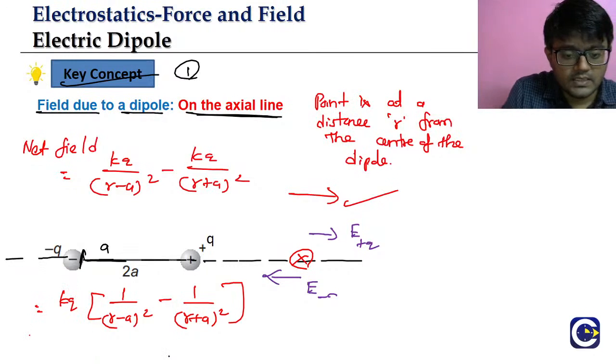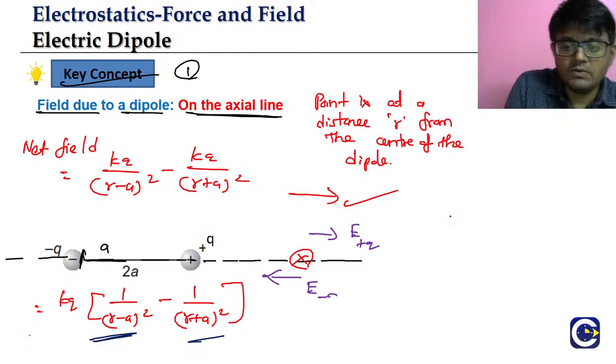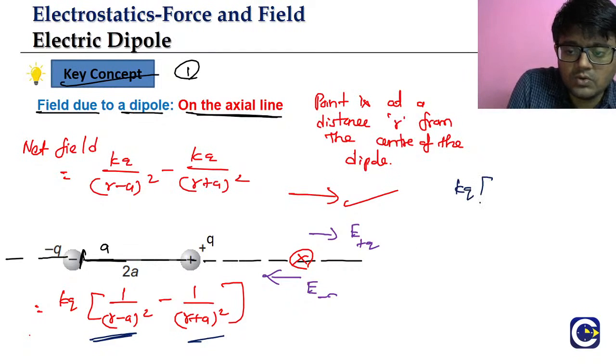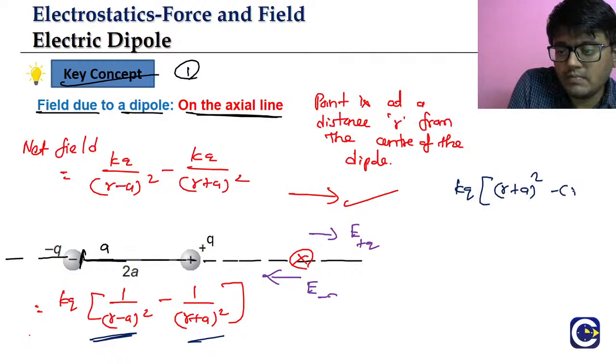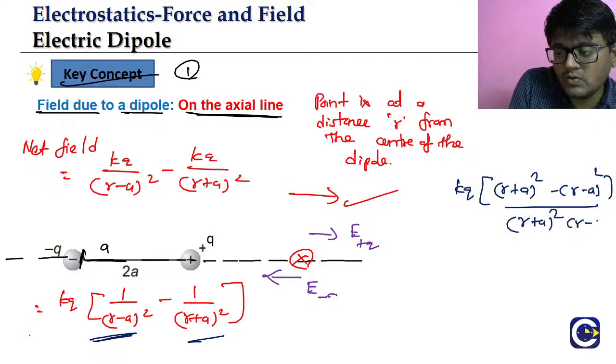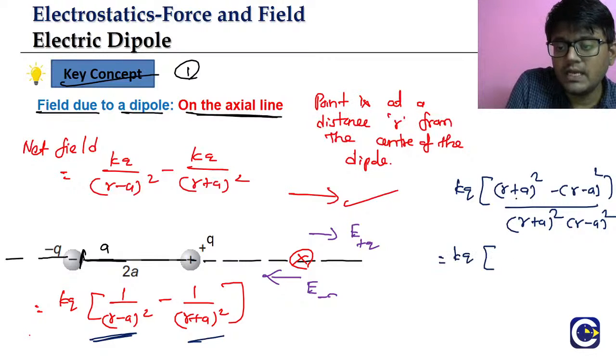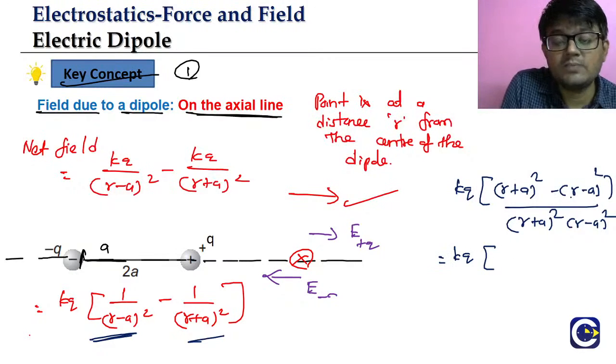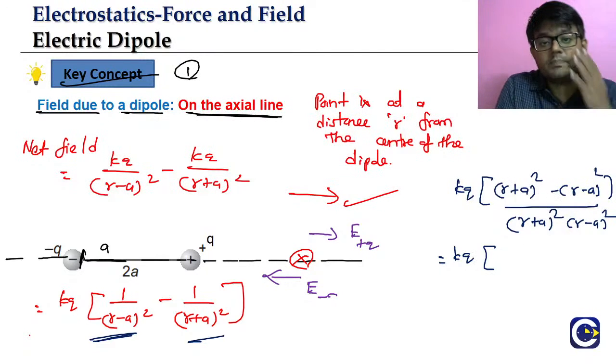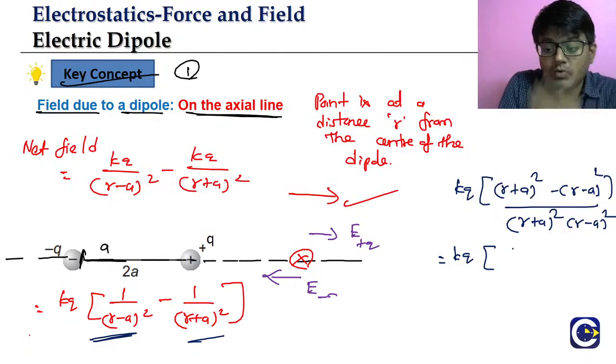So இப்போ இந்த expression simplify பண்ண போறோம். இந்த LCM எடுத்தா என்ன வரும்? kq, r plus a the square minus r minus a the square, denominatorல r plus a the square into r minus a the square. பாருங்க kq into a plus b whole square minus a minus b whole square. அது என்னது? a plus b whole square minus a minus b whole square is what? 4ab தானா?